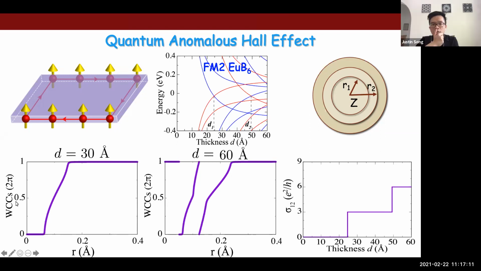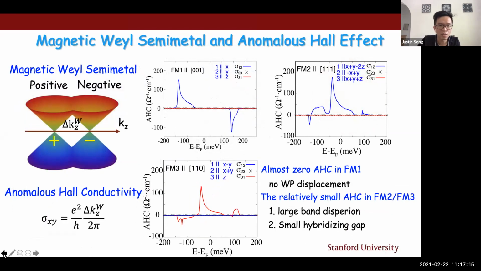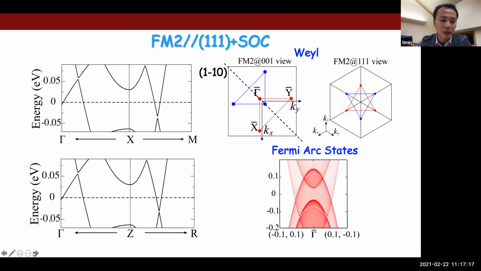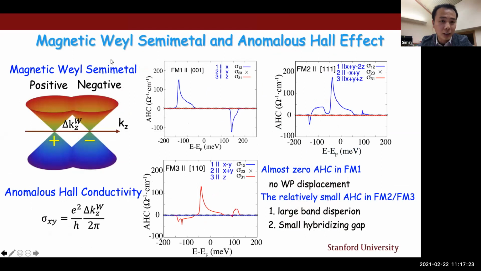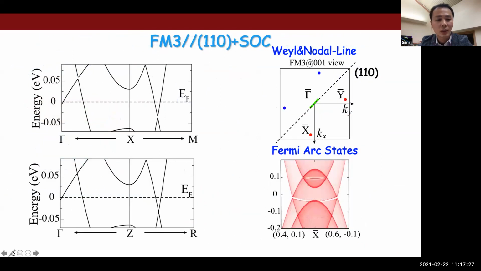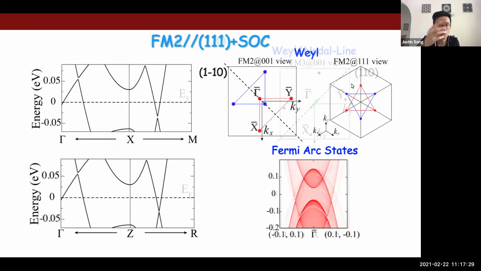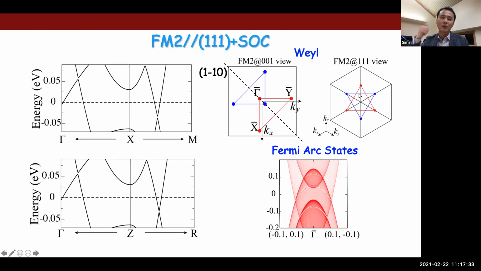I see. That's right. Yeah, I thought I saw only 2 pairs, but this one. Yeah. So okay, there's another, the FM2 state. I see. This is a 111 view of the FM2 state.